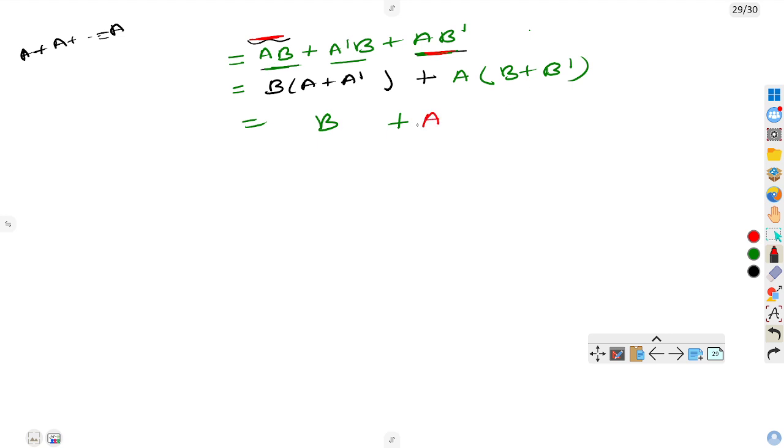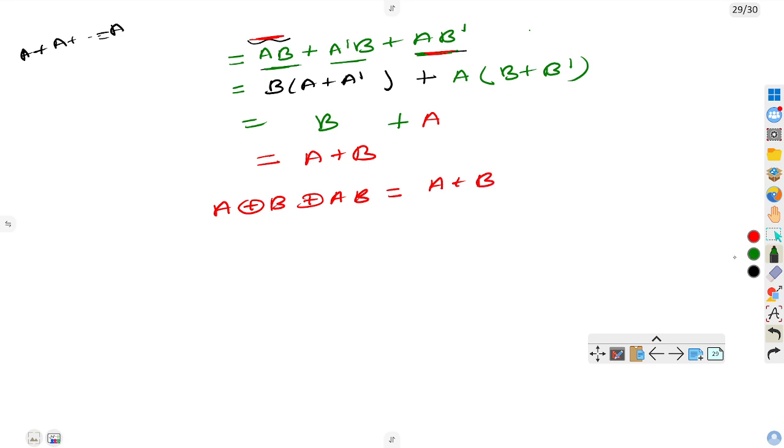So there is the A. Finally we'll get the expression A plus B. If you break this expression, A XOR B XOR AB, it actually takes five to six minutes to break. If you break this way, A XOR B XOR AB, you will get A plus B.